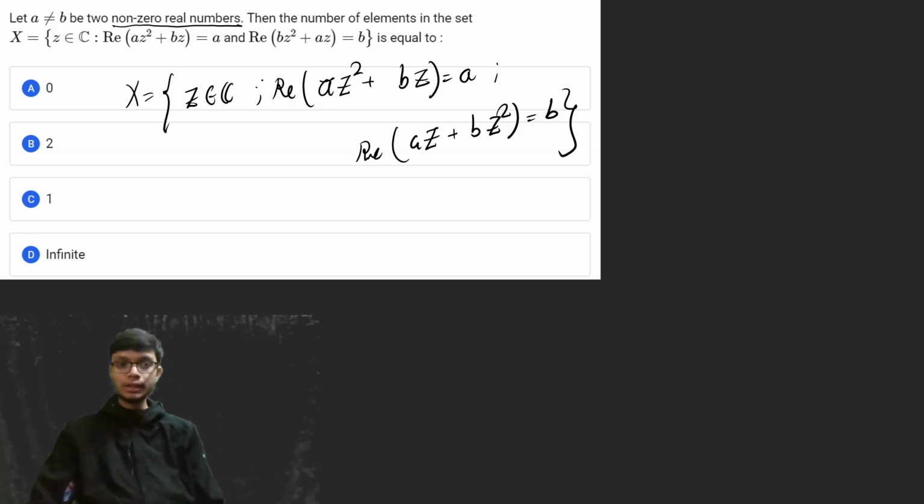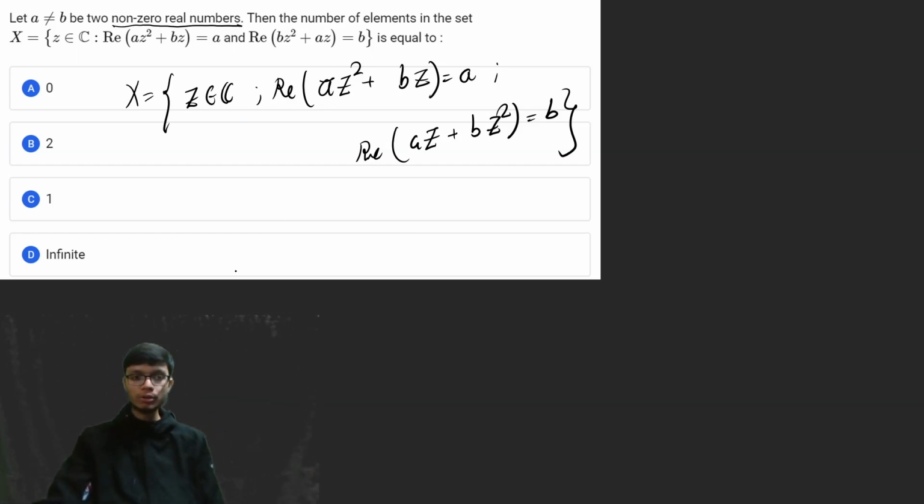You have to find the number of elements possible for this set. Now this is a very important problem.